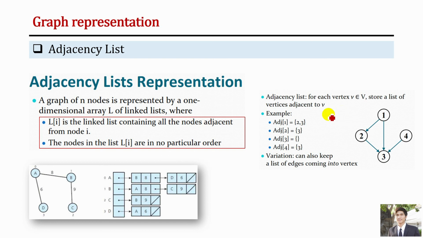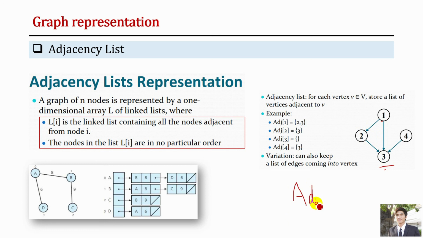So here there's something that we can also take notes on for the adjacency list. For each vertex V, store a list of vertices adjacent to V. For example, the adjacent of 1. What is the list of vertices that are adjacent to this one? Here there are 2 and 3, right? Our notation is ADJ, which represents adjacent.